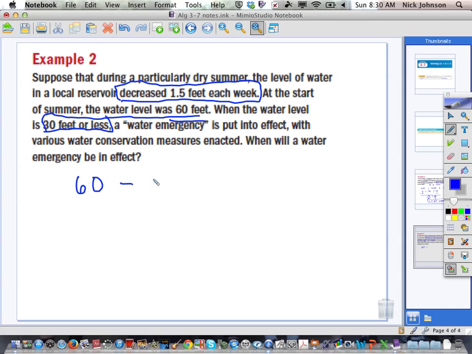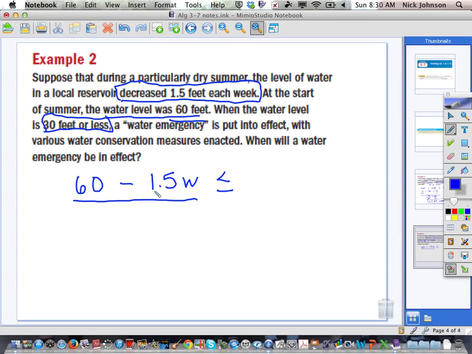So, we're losing 1.5 each week. And I'll just use w. Okay? Now, the water emergency is going to go off when this equation, notice how I'm doing this, is less than or equal to, because we started at 60 and then we're losing 1.5 feet.